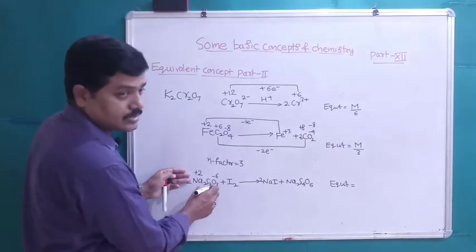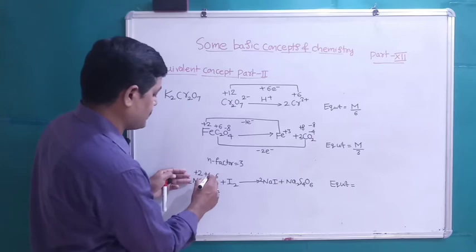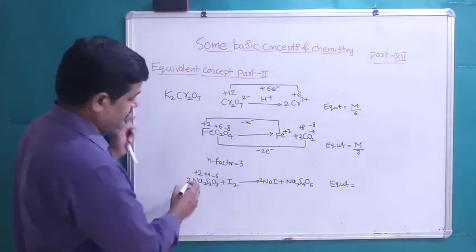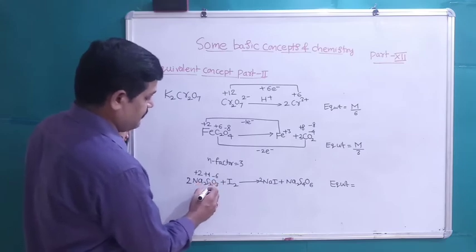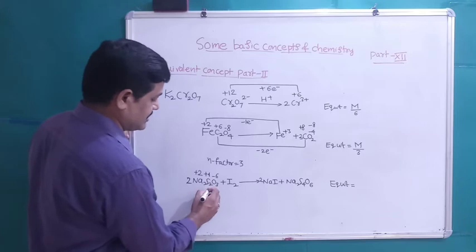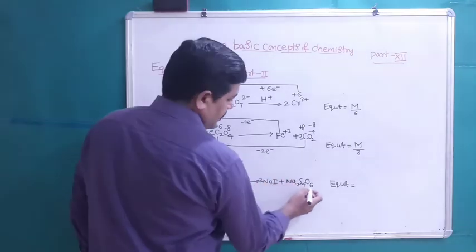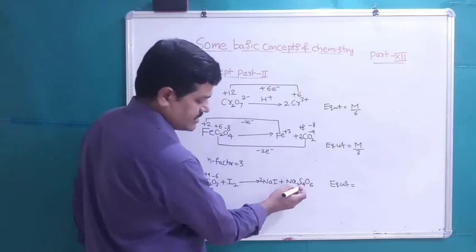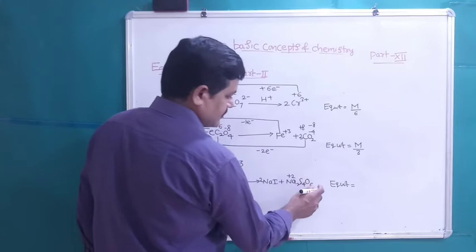Then for 2 sulfurs it is plus 4, right? When we consider 2 molecules, then for the sulfur oxidation state for 4 sulfurs it is plus 8, right? Plus 8. Here in the sodium tetrathionate, oxidation state for the 2 sodiums is plus 2.